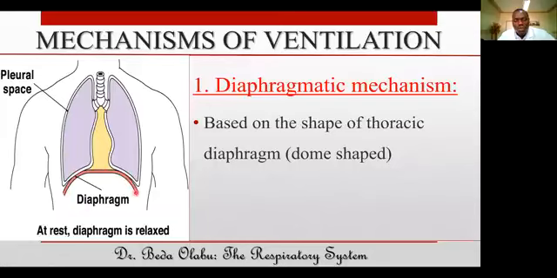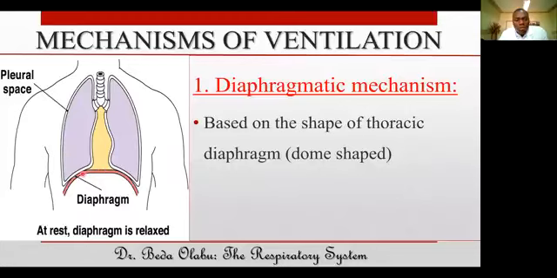So think through what would happen if a dome-shaped muscle like this one contracts. First, what makes the muscle contract? Remember, it's skeletal muscle. This muscle is innervated by the phrenic nerve. So the phrenic nerve is the one that stimulates this muscle to contract.